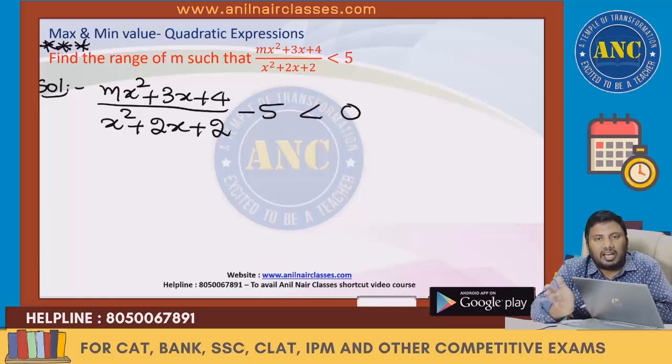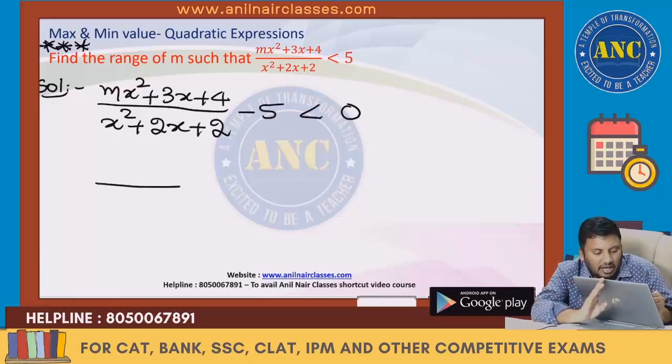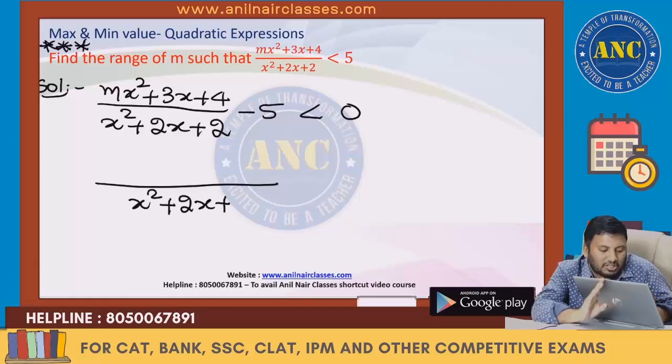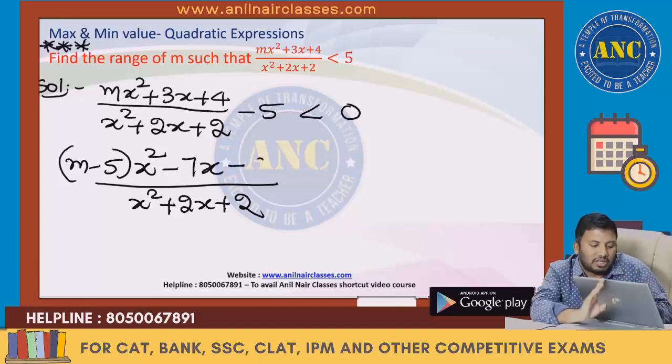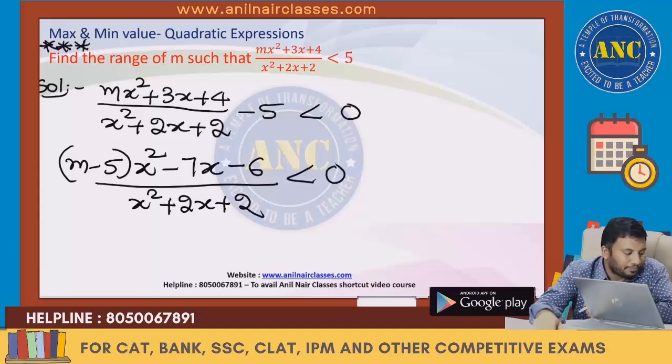Put the entire right hand side to the left hand side. This is nothing but x square plus 2x plus 2 times m minus 5, with x square coefficient 3x minus 10x, minus 7x, and 4 minus 10, which is minus 6. This is less than 0.